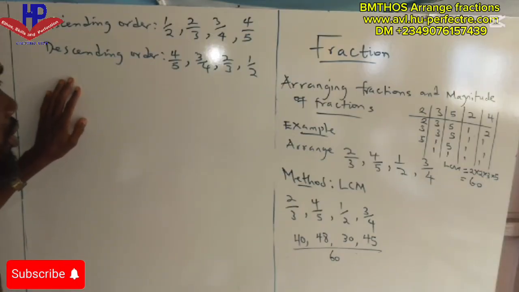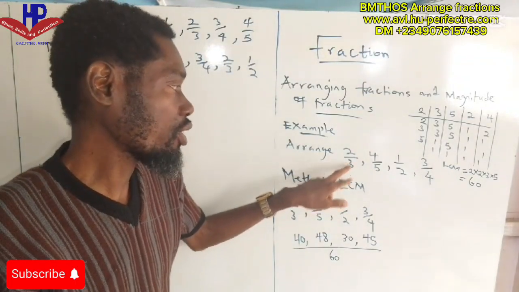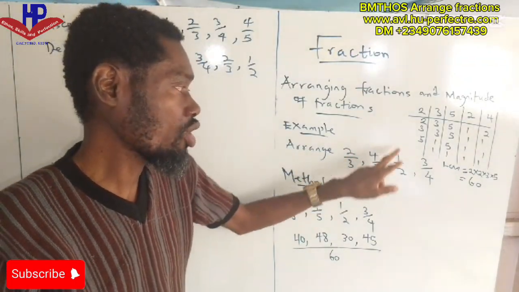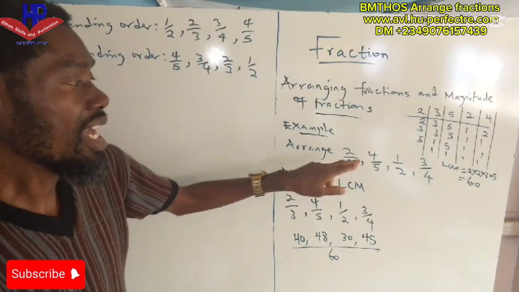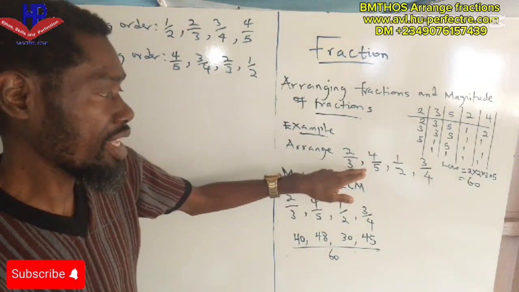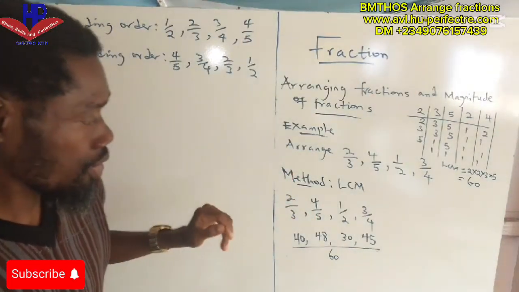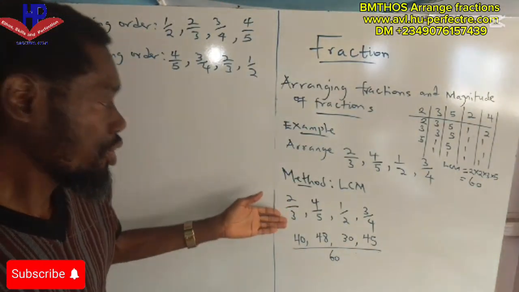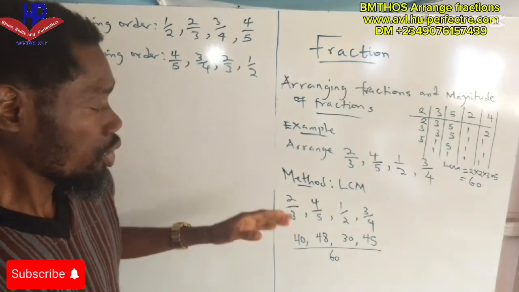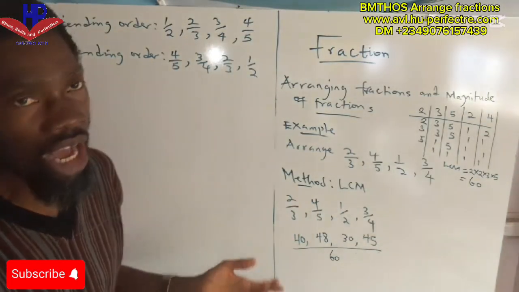Sometimes they may ask you, in the given fractions 2 over 3, 4 over 5, 1 over 2, 3 over 4, pick out the greatest or the biggest fraction. The same idea is still used. For you to get the biggest fraction, use the same LCM method. You notice that 4 over 5 is the biggest fraction, so 4 over 5 will be your answer.